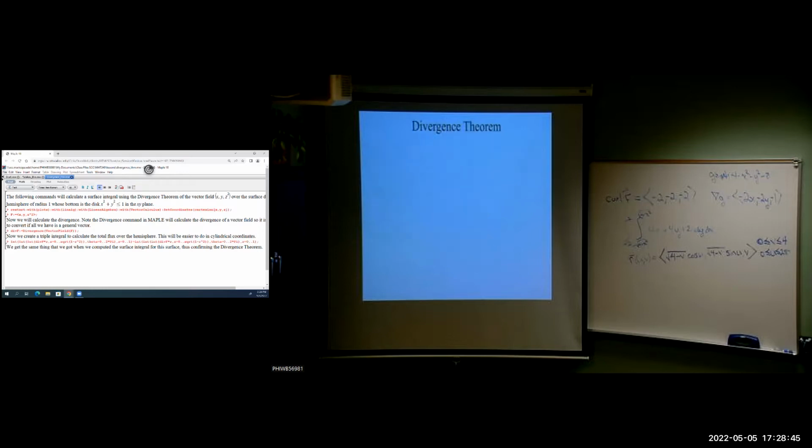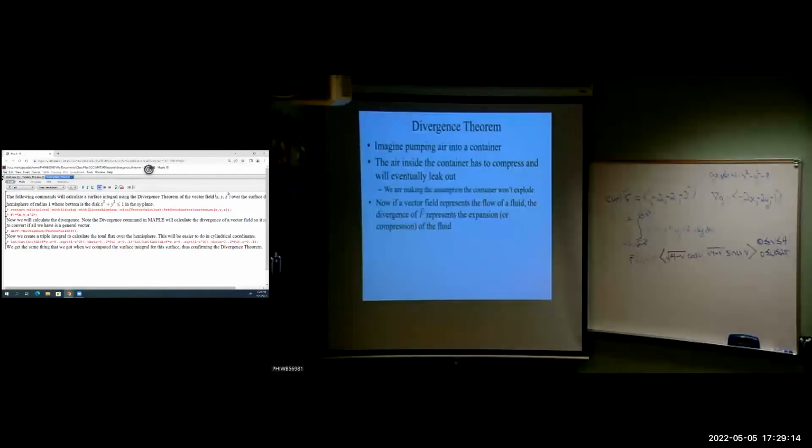So here's the idea behind the divergence theorem, although I think I've already kind of talked about it. Imagine pumping air into a container. The air in the container is going to compress and will eventually leak out or somehow get through that surface. If we think of F as representing a fluid, then the divergence of F represents the expansion or contraction of that fluid.